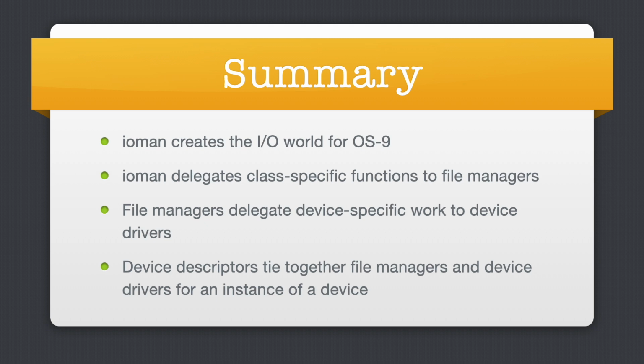File managers delegate device-specific work to device drivers. Device drivers are modules that know how to talk to a specific type of device, such as a specific serial port or a specific disk driver. Device descriptors tie together file managers and device drivers to define an instance of a device.